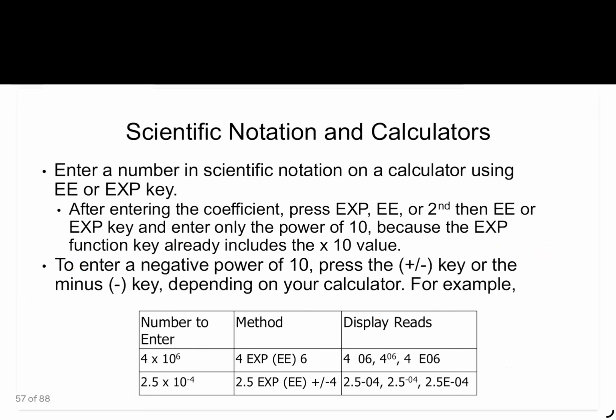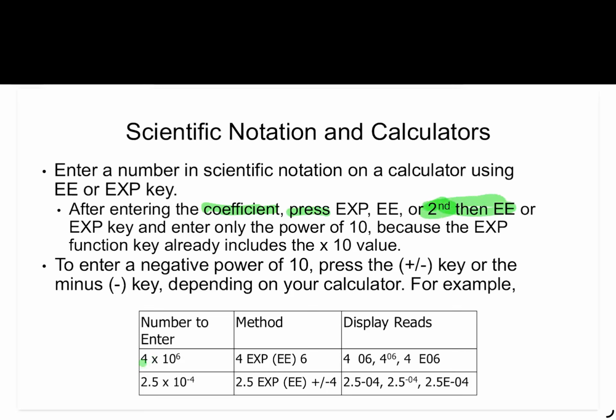This slide covers information about how to use a calculator. There is also information on the math and chemistry Canvas shell about this. I'm recommending using the TI-30X2S. We have those in lab, and the library has them, and the Accessibility Support Center has them. If you're going to follow the directions, you enter the coefficient, then you press second, and then EE.